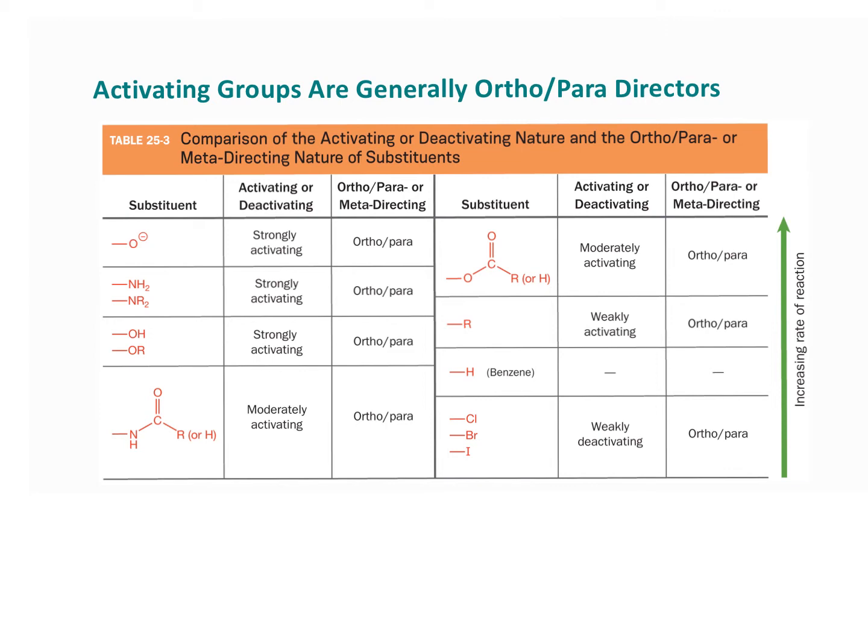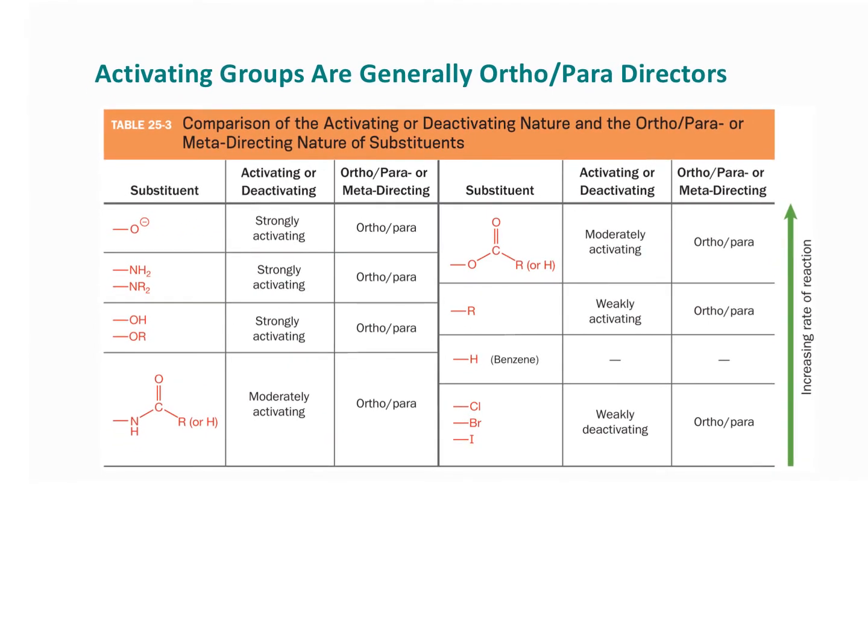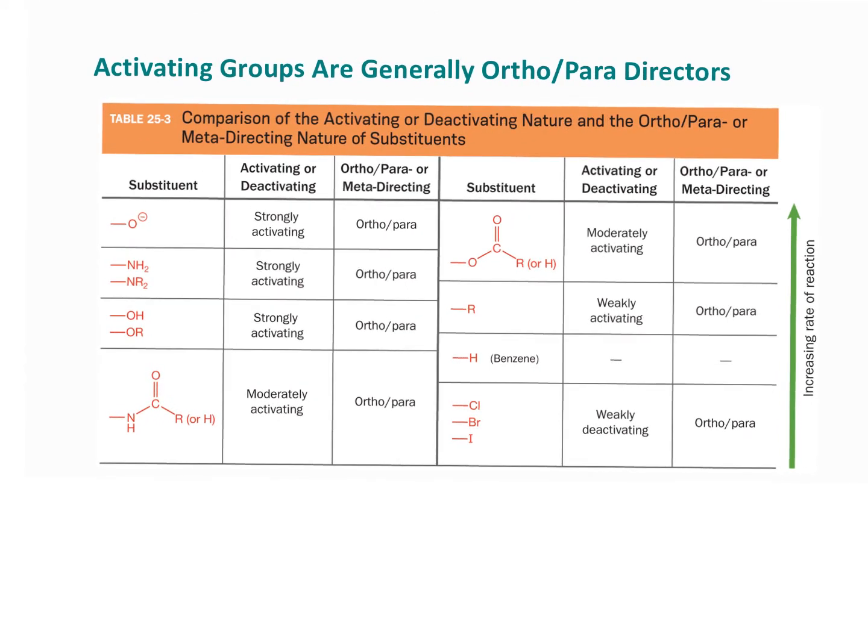I want you to notice a few of the trends here, right? So we're first looking at the ortho, para. Here are some wide generalizations. Most of the time, activating groups are generally ortho-para directors. Okay.